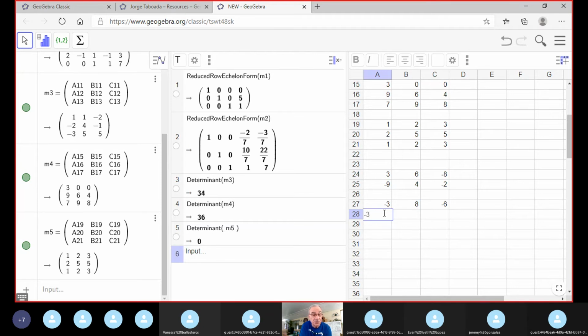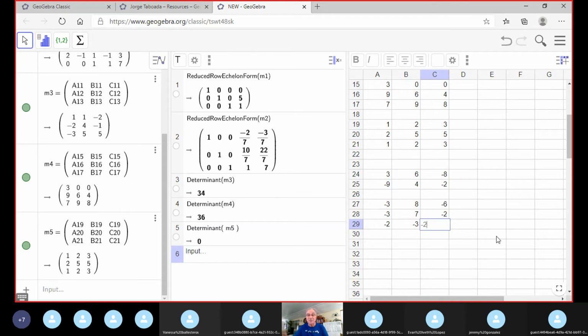Wow, too many -3. 7 positive, -2, and -2, -3 again. Okay, this is my 2 matrices.